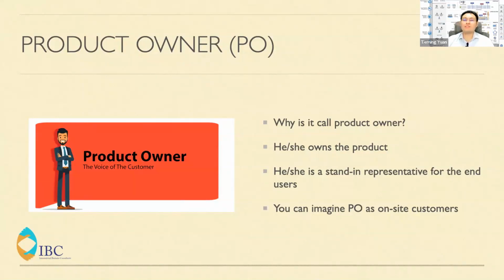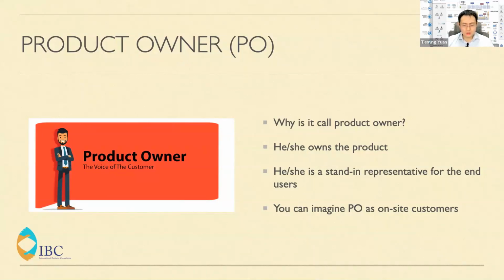So this is a very smart position. The product owner must understand the needs and wants of our customers. At the end, Agile is all about delivering value to our customers. So the key concept is customer-centric and deliver value, constant, sustainable value delivery.